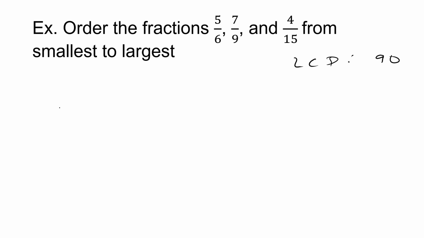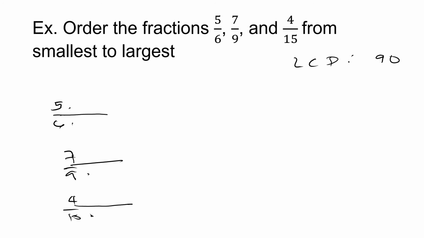Now multiply the rest. 5 over 6, 7 over 9, and 4 over 15. We want to convert all the denominators to 90. So what number do we multiply to 6 to go to 90?